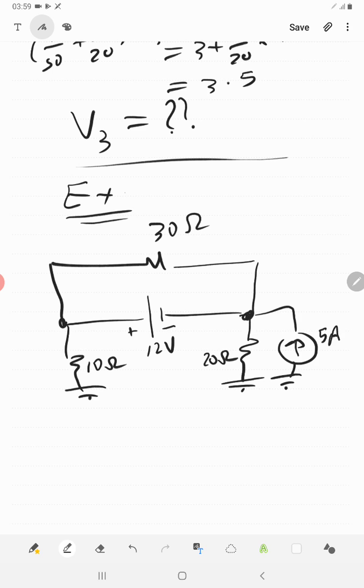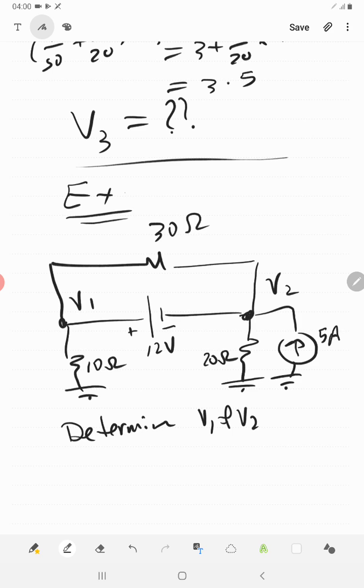Now, determine V1 and V2. This is V1 and this is V2.